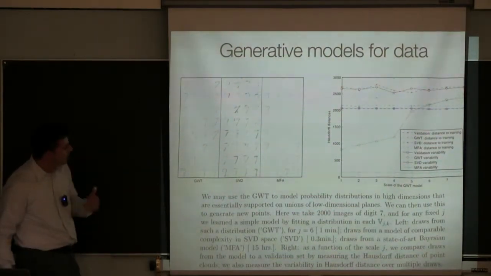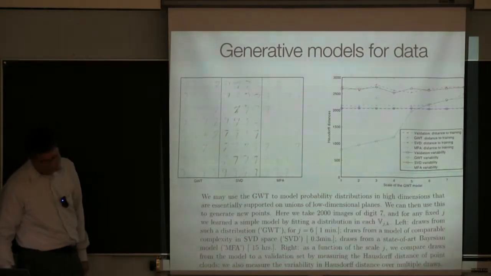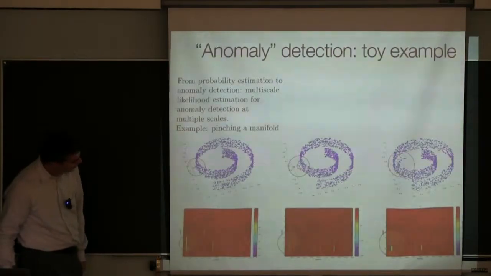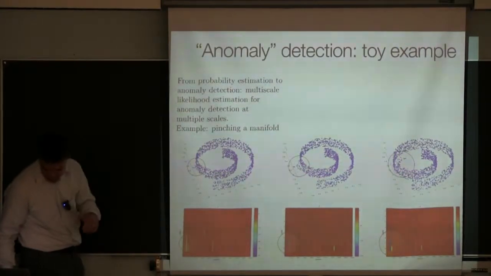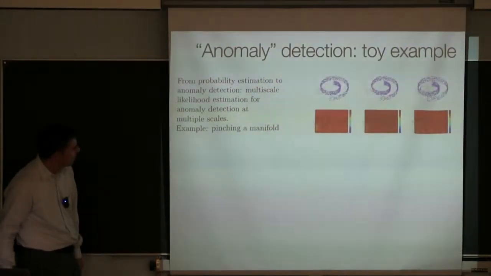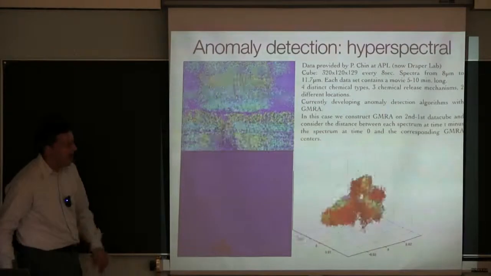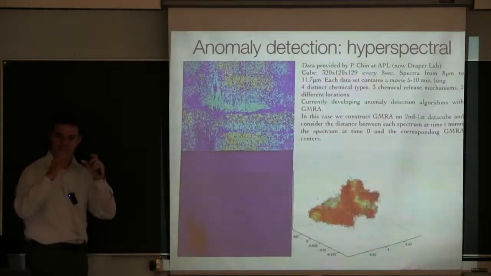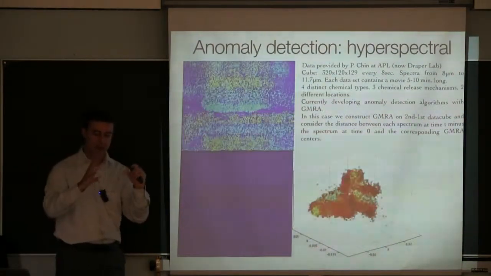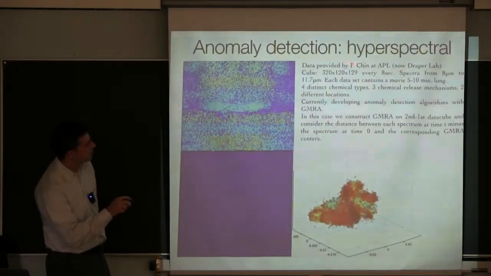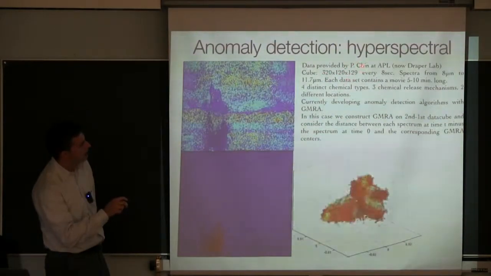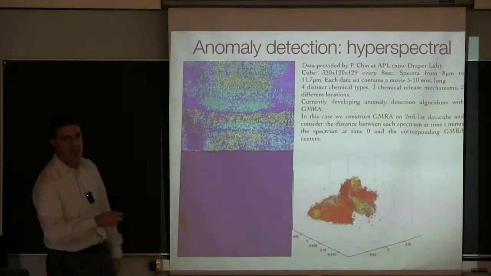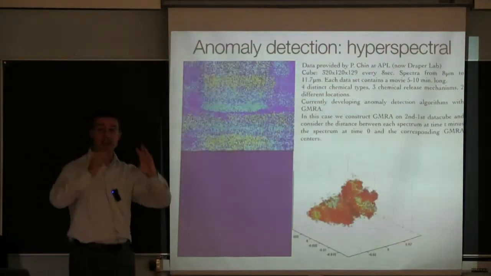We use this for anomaly detection. Instead of going through this, let me just show you a practical application. So we have hyperspectral movies. So they have cameras that take a hyperspectral image with about 300,000 pixels and 128 spectral bands, and they take one such picture every 8 seconds.